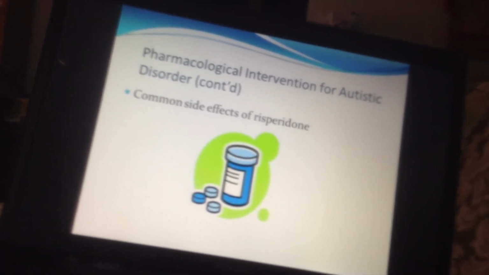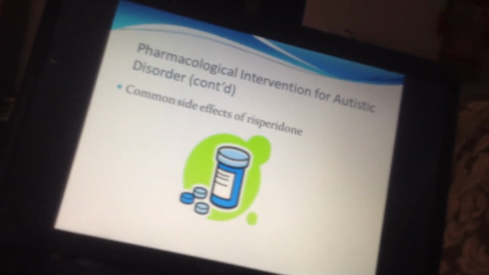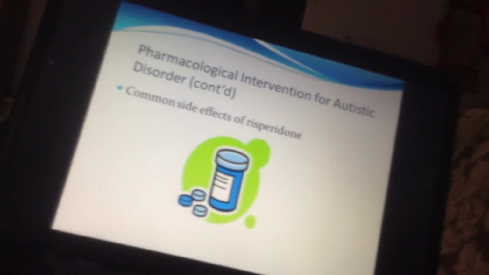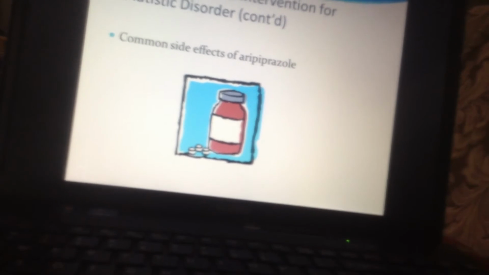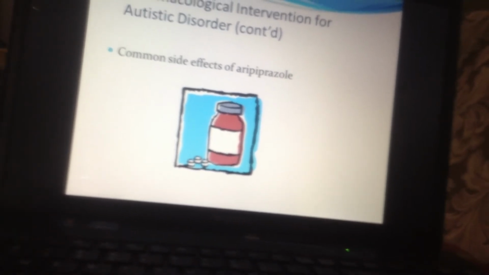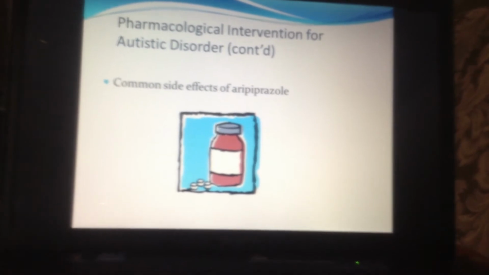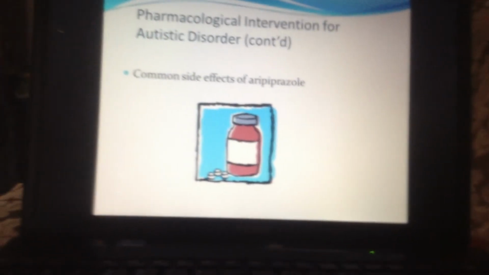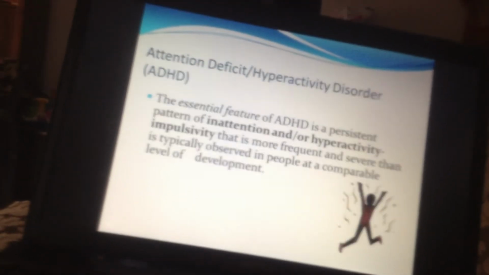And weight gain is a very, very common complaint that you will hear from the clients that are taking these medications. Common side effects of Abilify, you want to look at sedation, fatigue, vomiting, tremors, and weight gain. So if you look at both of these medications, weight gain and drowsiness are some common side effects.